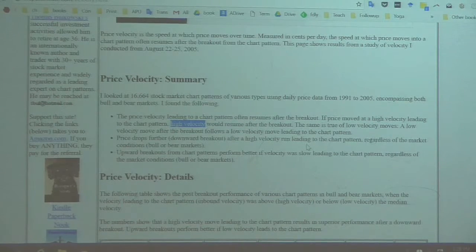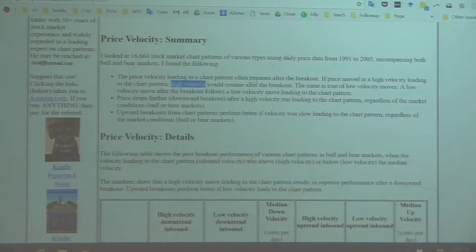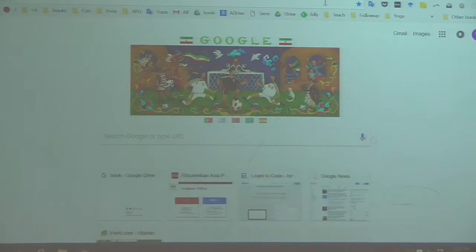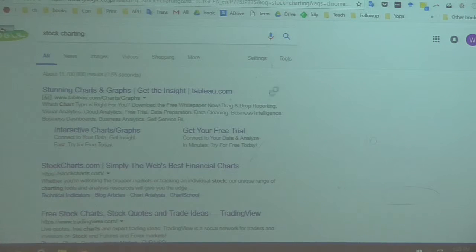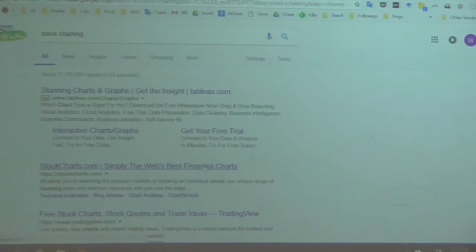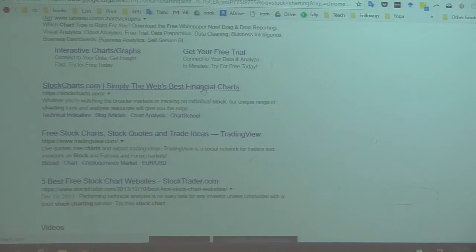Upward breakouts from chart patterns perform better if velocity was, anyway, let's see, what does breakout mean? Let's first look up stock charting. It's a really big field, a lot of people do this.